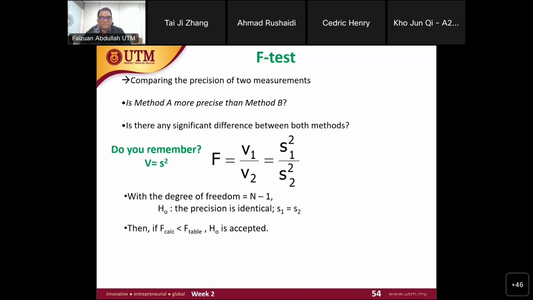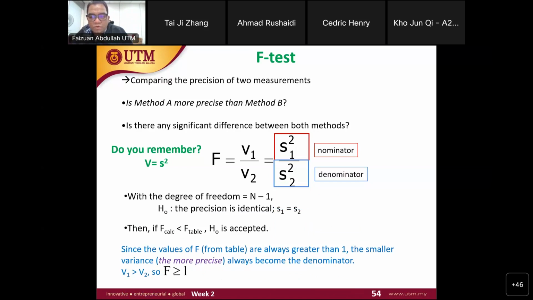The hypothesis is that the precision is identical, so set 1 is equal to set 2, method A is equal to method B. If F calculated is lower than F table, of course, like the t-test, the hypothesis is accepted.